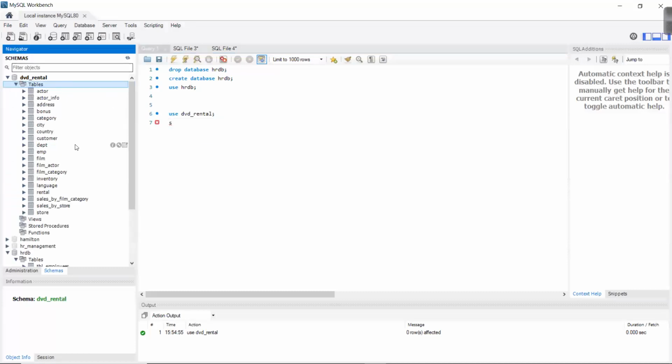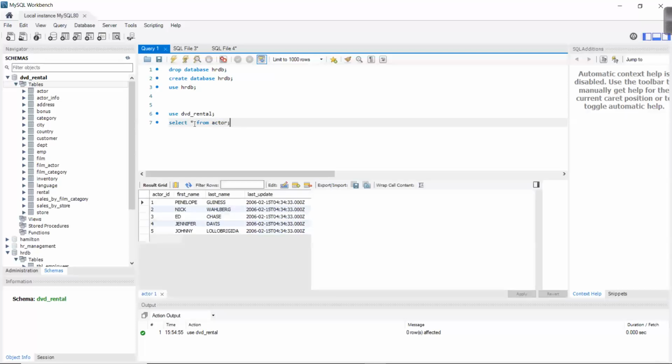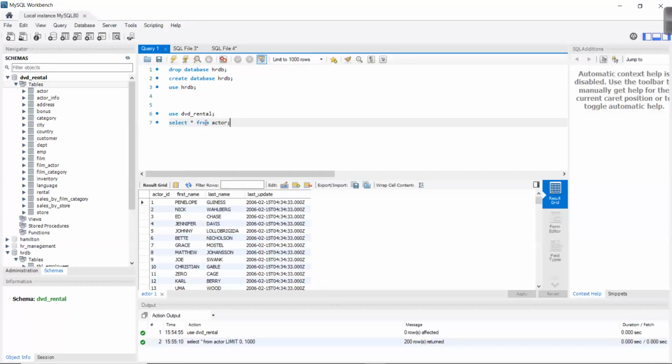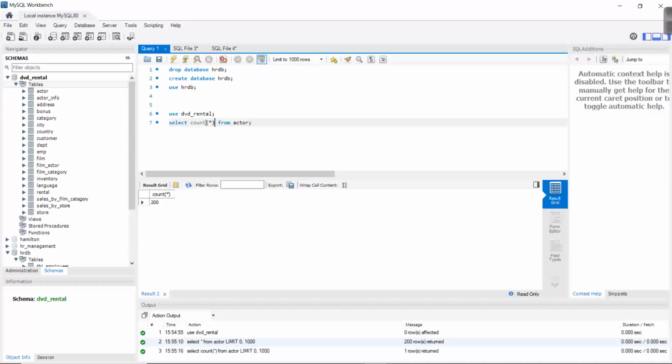Yeah, so there are different tables out there. Let me just call the actor table. The data is there. How many records are there? Let's check that. 200 records are there, right?